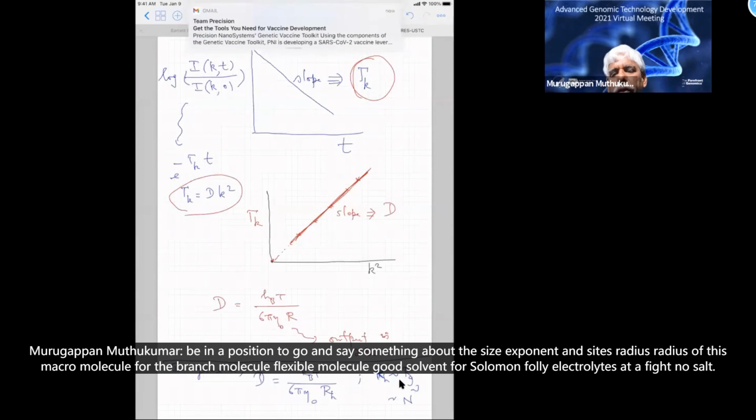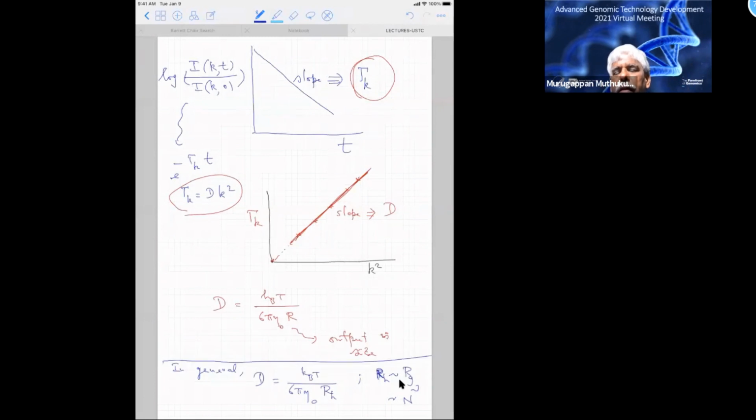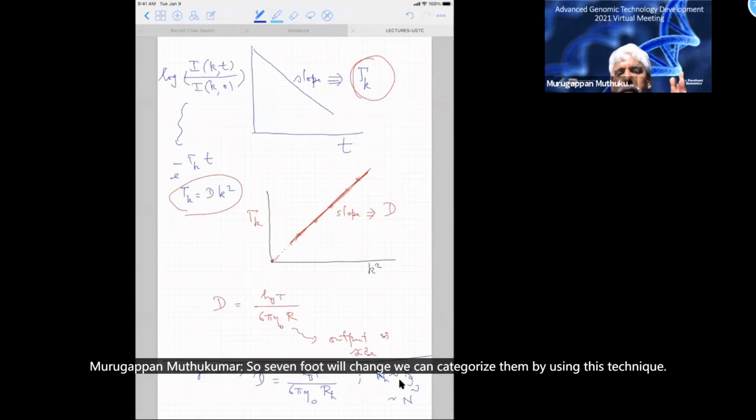For the branched molecule, flexible molecule, good solvent, poor solvent, polyelectrolytes at high enough salt, etc. Semi-flexible chains, we can characterize them by using this technique.